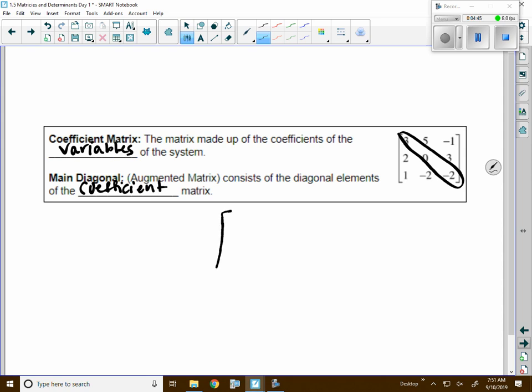So when I'm talking about the coefficient matrix, here's my regular augmented matrix. I'm talking only about this section, the left-hand side, which doesn't include the equal sign part over here. If you want to make a little note of that, you can.